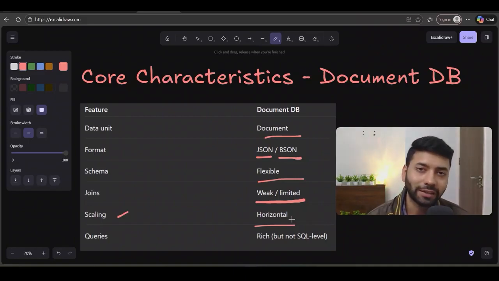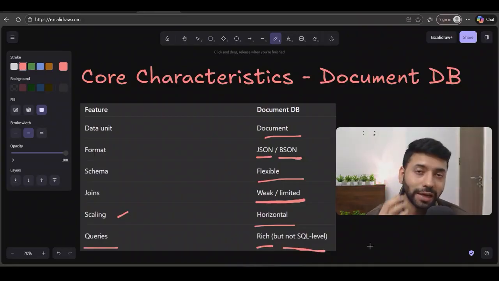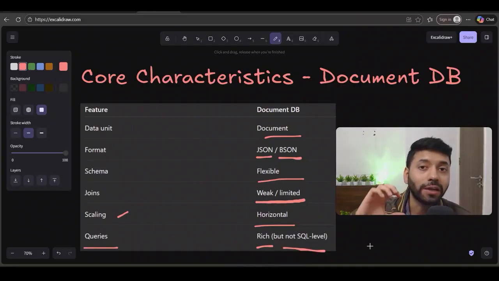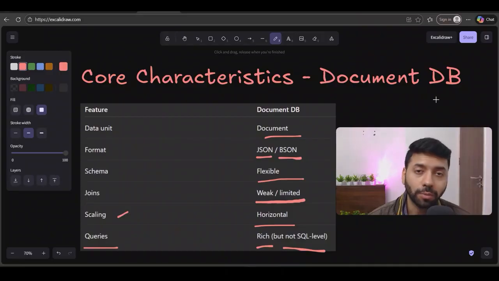That logic is handled at the DB layer and that is automatic. And when we talk about queries, a document database is rich in queries, not like a key value database where you could only query based on the key. Here you can write queries, but of course it is not at the level of SQL, because in a SQL database you can write a very rich level of queries. So you cannot compare it with SQL, but compared to a key value database, document DB is much better in terms of queries. You can write a lot more queries here.